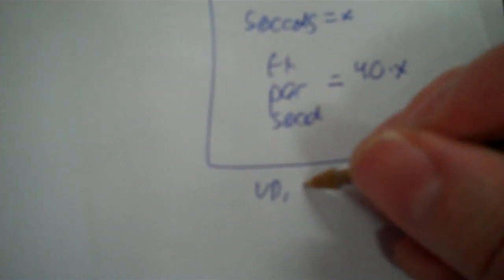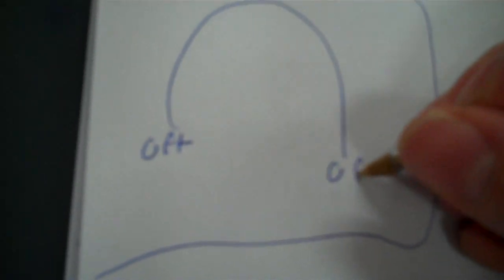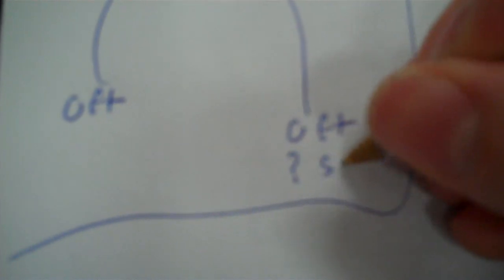So it's up and down though, pulled by gravity. So no table. I just need to construct my parabola. There's nothing before the 40 feet per second, so that would be 0 feet, and there's nothing after it, so I'd assume that is 0 feet, and I'm trying to find how many seconds.